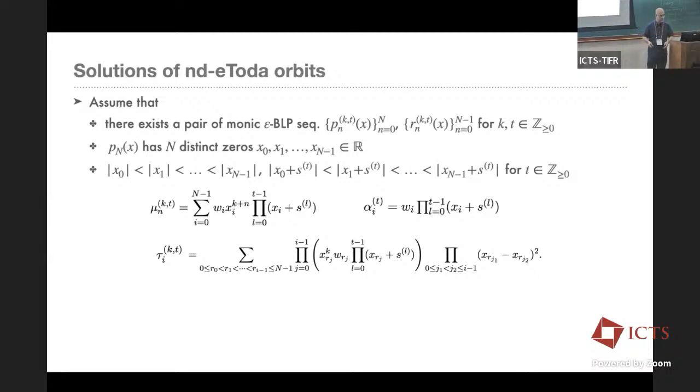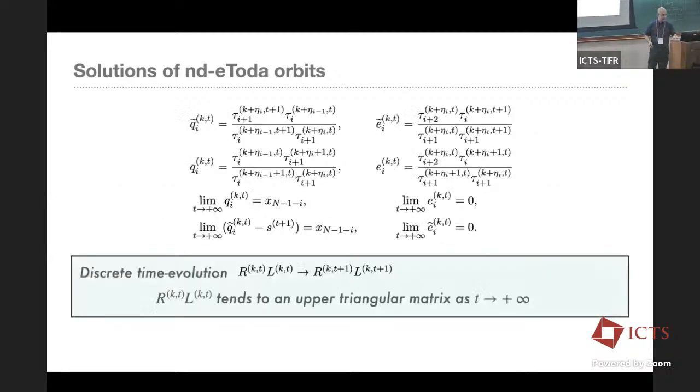Then the dependent variables Q and Q tilde and E and E tilde are all ratios of this tau function. So from this expression, it's almost trivial to check the positivity of the dependent variables.